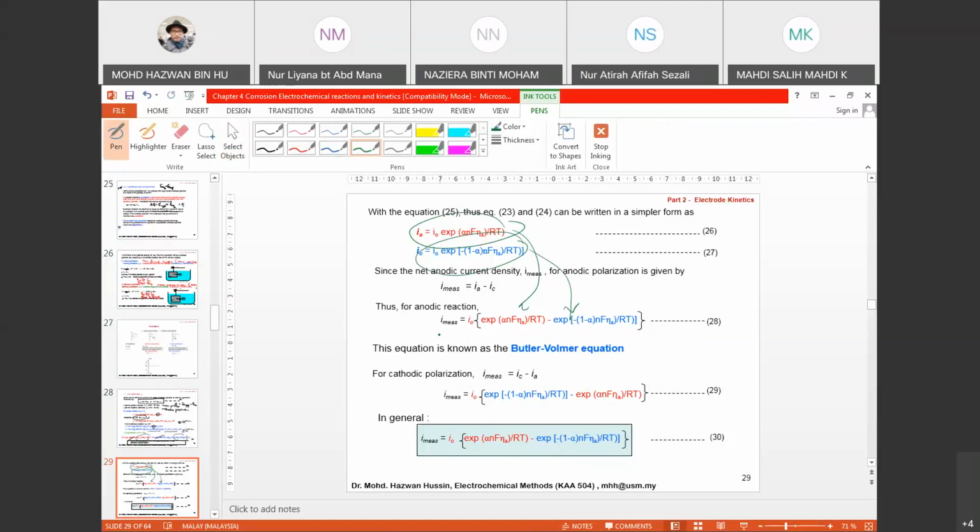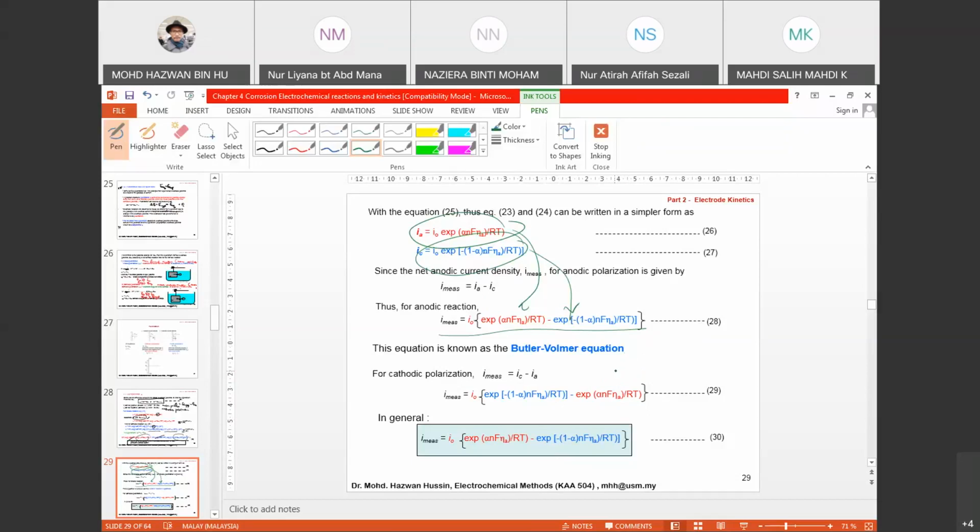Then you will get a term. This term is known as the Butler Volmer equation derivation. So if you simplify it, you will get this term.